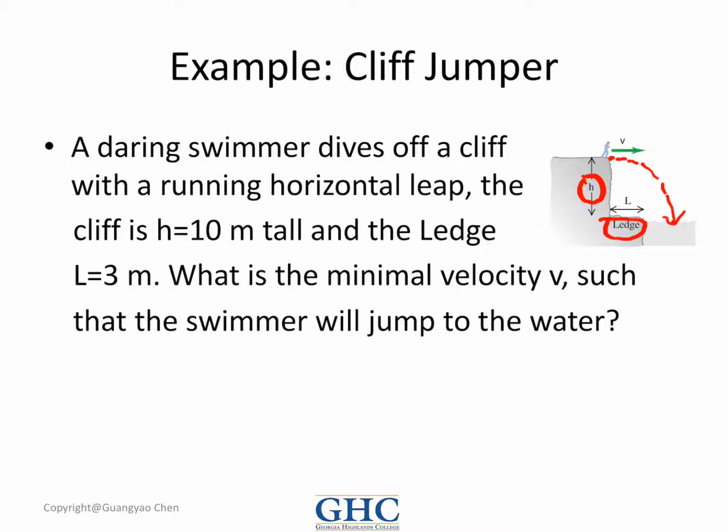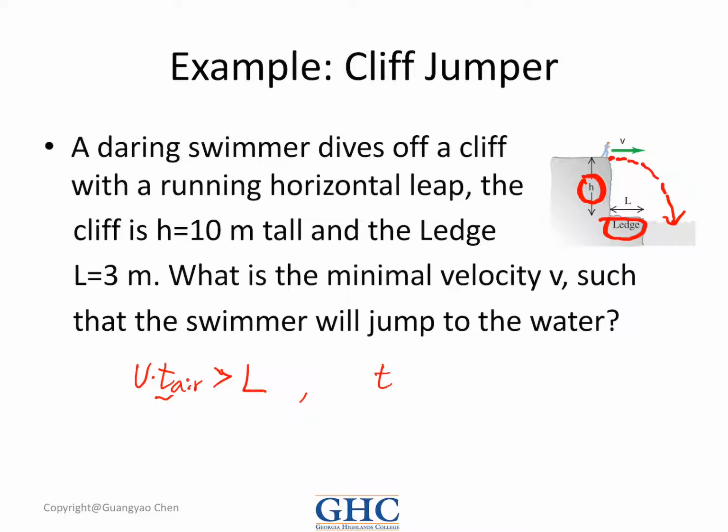So let's just quickly think about that. We want velocity times time, where this time is the time the projectile is in the air, to be greater than L. Then he's going to jump into the water. Now, there's no way we can find the time from the horizontal direction, which means we need to find the time he's flying in the air from the y direction.